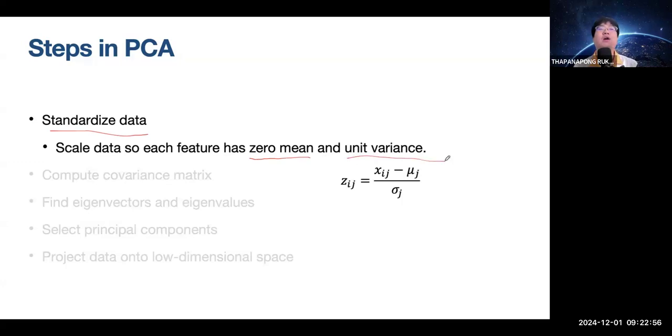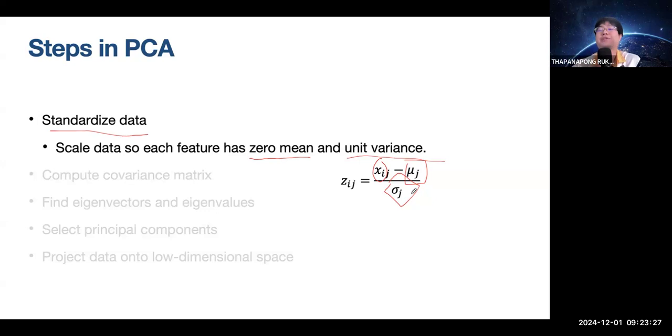So you want to make all of the dimensions have a similar probabilistic distribution, right? Here we actually use the standard distribution. So for each data point, we subtract the mean, and then you divide by sigma, which is the standard deviation. So you do this for every column.